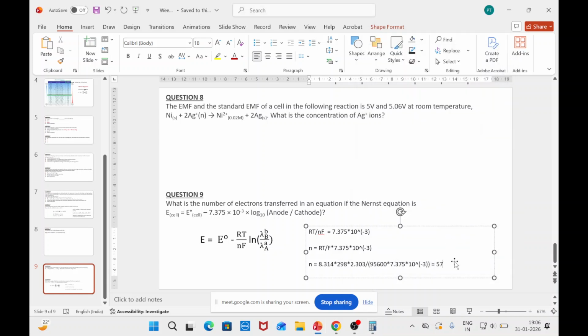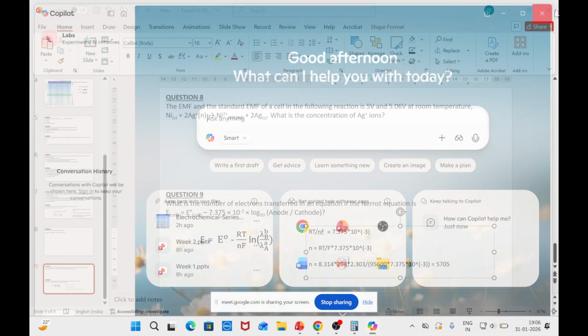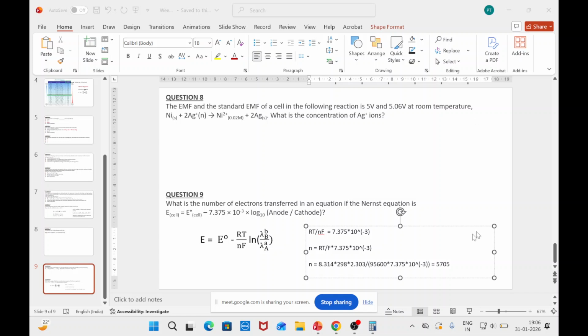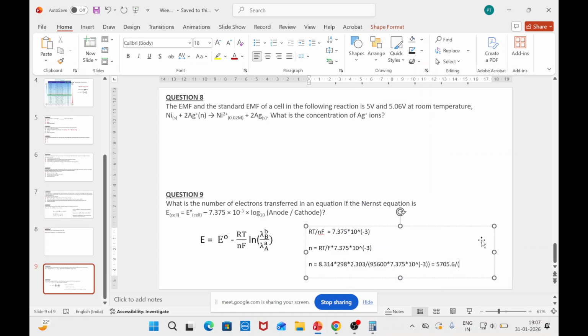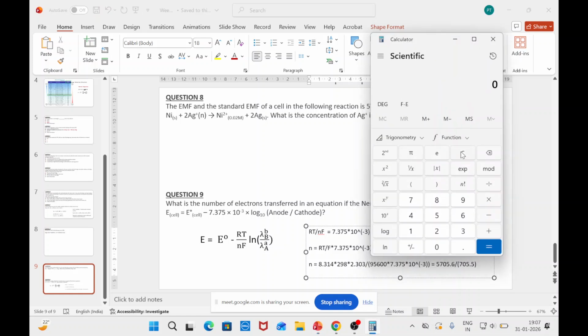Let me just write it this way: 5705.6 divided by 705.5. That gives 8.08.